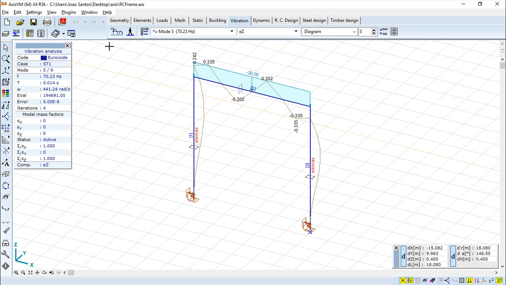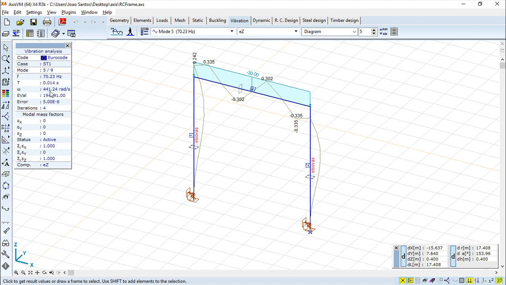Again, in the information window there are some topics that are important to notice. First, the F for the frequency of what we are checking. Then we have this T, which corresponds to the period.